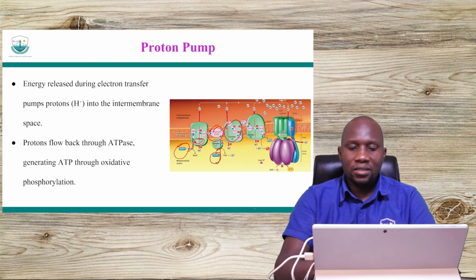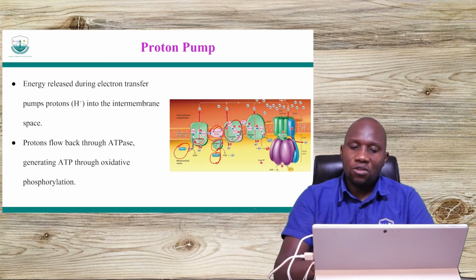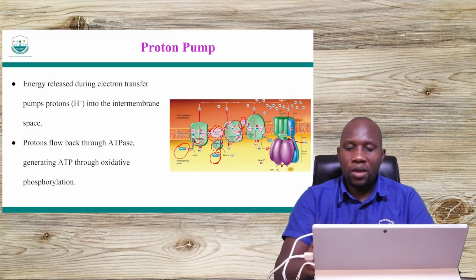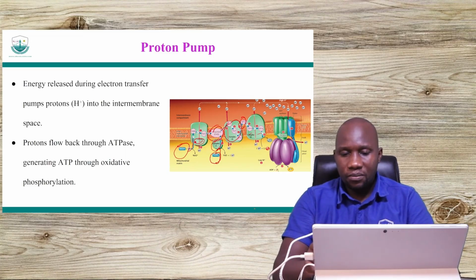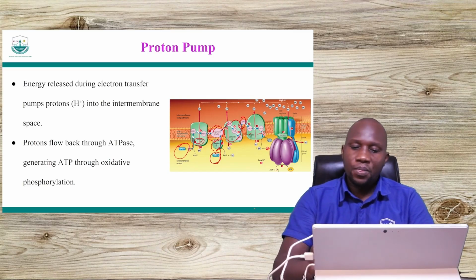You can say that enzyme complex 2 is actually small compared to 1, 3 and 4. Then from 3 it goes to cytochrome C before going to complex 4, where we also have cytochrome A and cytochrome A3. This is A3 actually.